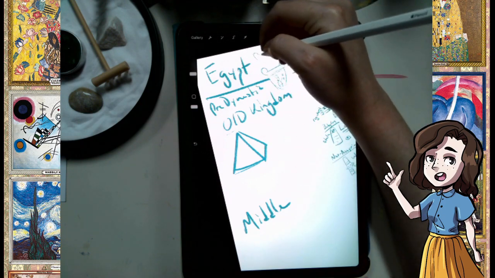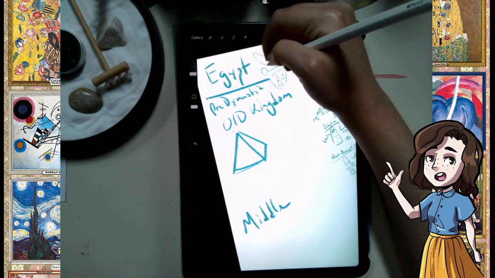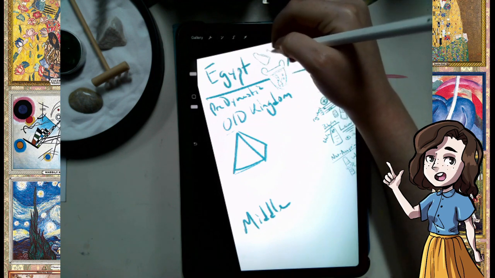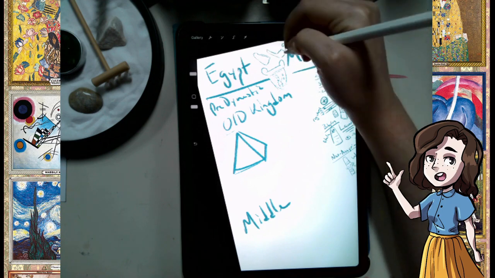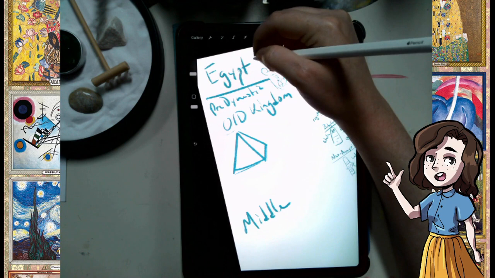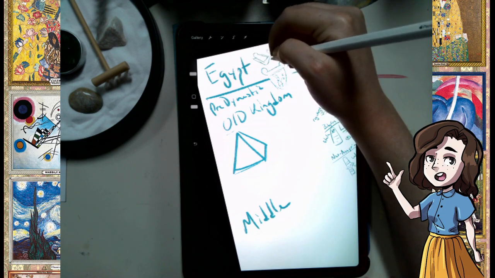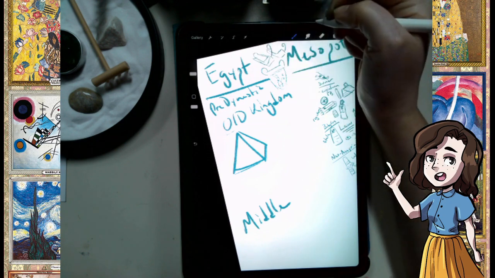And we can tell that from the hats that are seen. We have Upper Egypt's and Lower Egypt's crowns that, when combined, make the combined Upper and Lower Egypt crown.